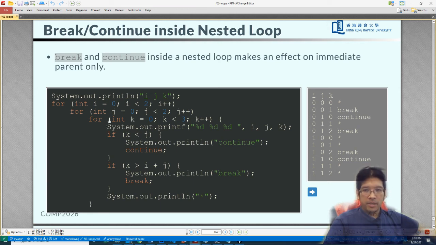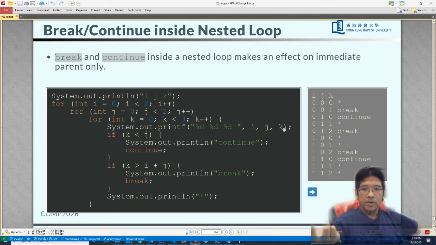Remember, this initial expression will be executed once whenever you enter the loop. So the value of K will equal 0, and then we check the continue. What's interesting here is that when this continue runs, it continues running the K loop. So the value of K goes from 0 to 1, and then to 2, and then you break the K loop.